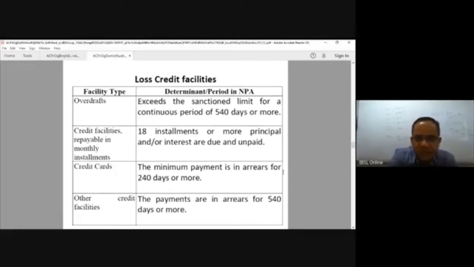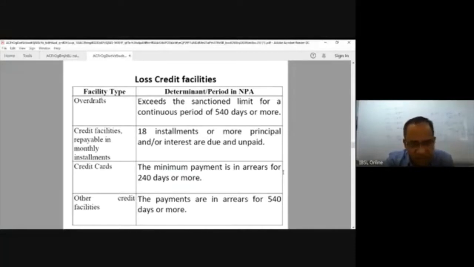Then comes the loss. So what do we call loss? Overdrafts above the approved limit, remaining above the limit for more than 540 days, are called a loss. Other credit facilities, 18 installments or more which are not paid, are a loss.